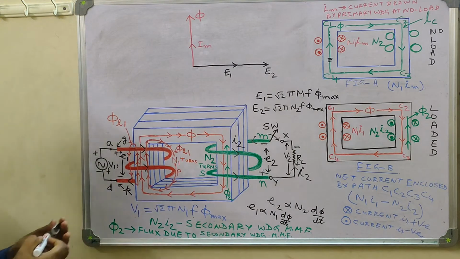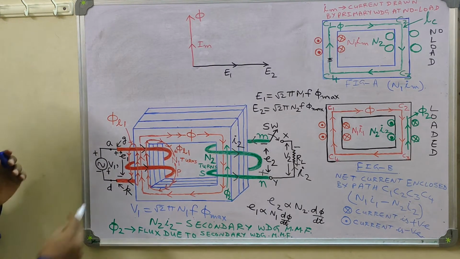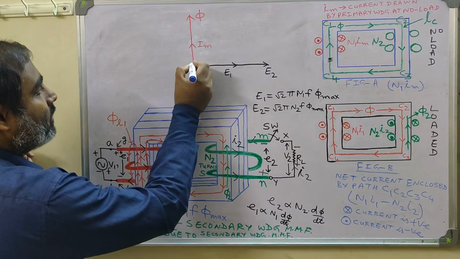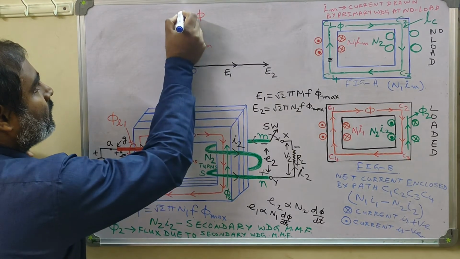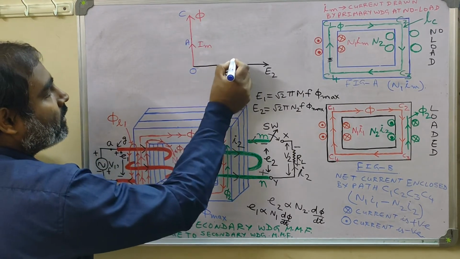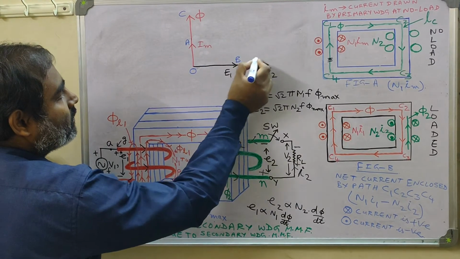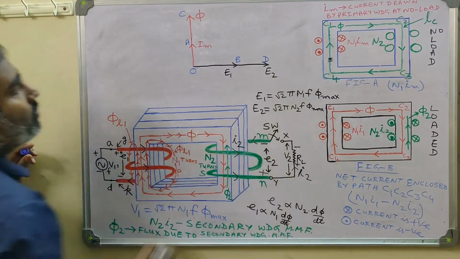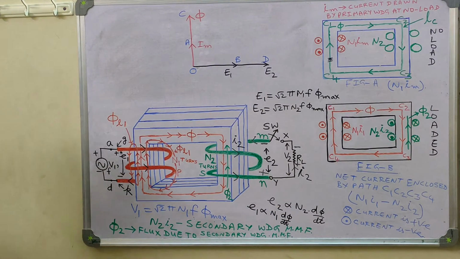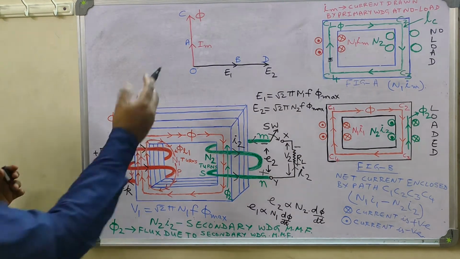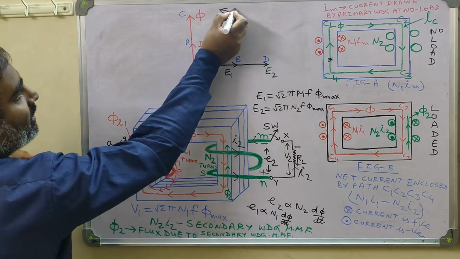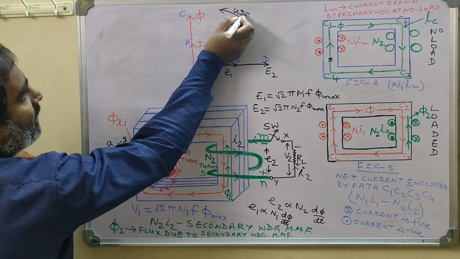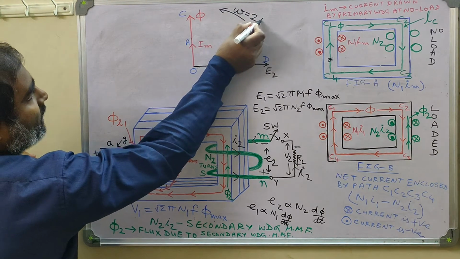Allow me to put up some naming so that we are in a better position to communicate. Let's say this is our point O, this is our point A, this is C, and this is B. This is D. Now, this being a phasor representation, all the quantities are assumed to be rotating in the anti-clockwise direction at an angular frequency omega, which is given by 2 pi f.